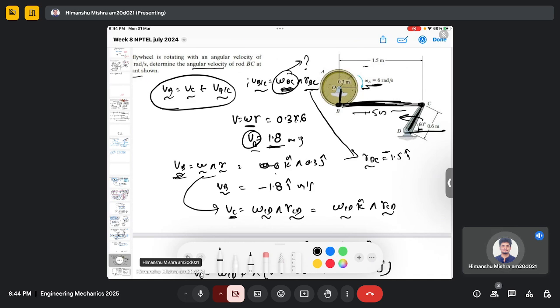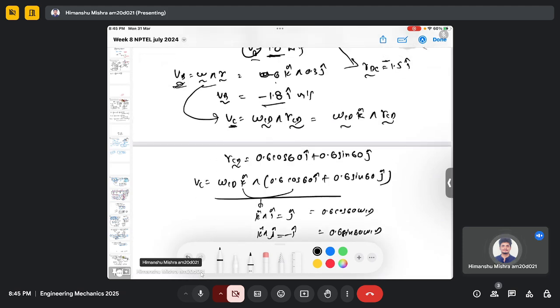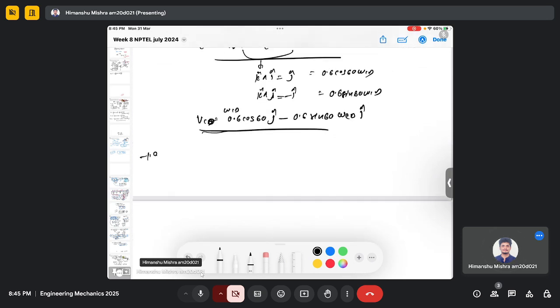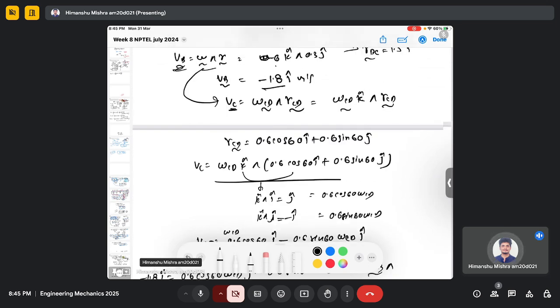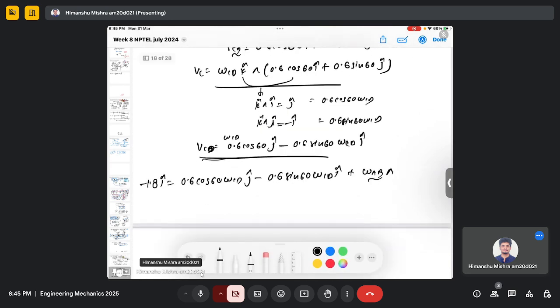So now we substitute all the vectors in equation 1. So VB is minus 1.8i equals VC, which is 0.6 cos 60 omega CD in j, minus 0.6 sin 60 omega CD in i, plus omega BC cross product with minus 1.5i, and this is in the k direction.